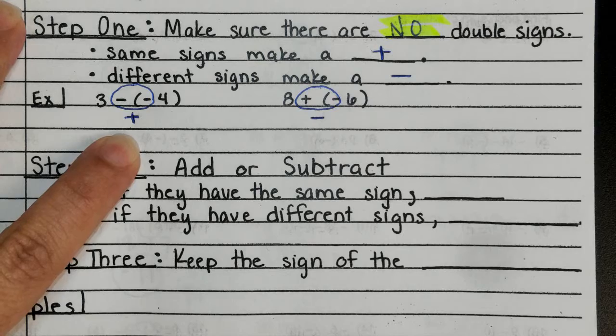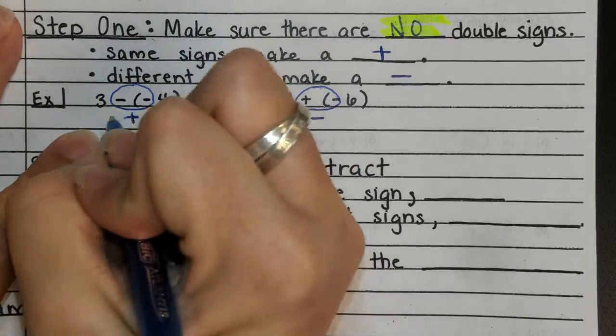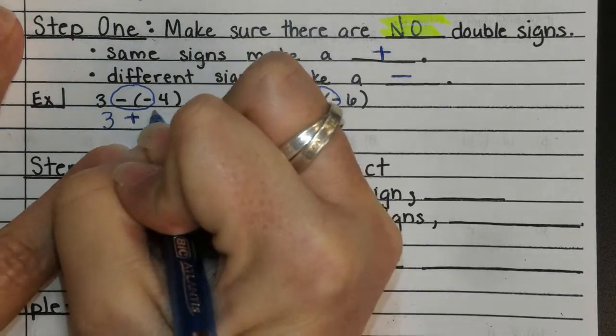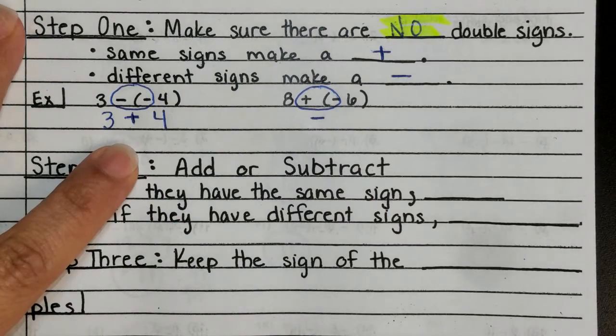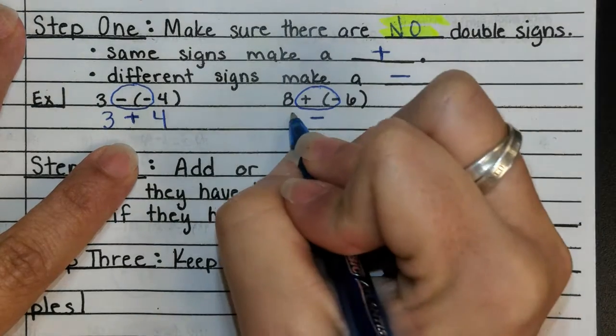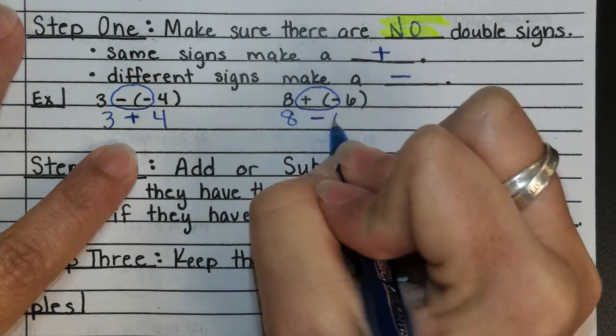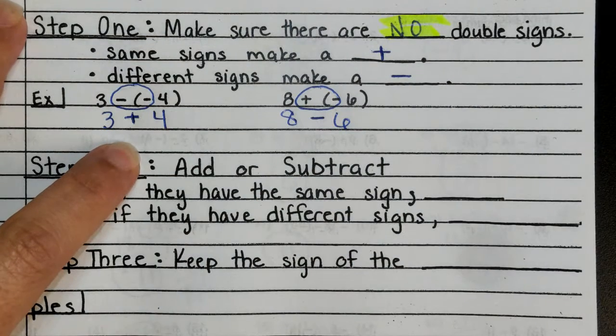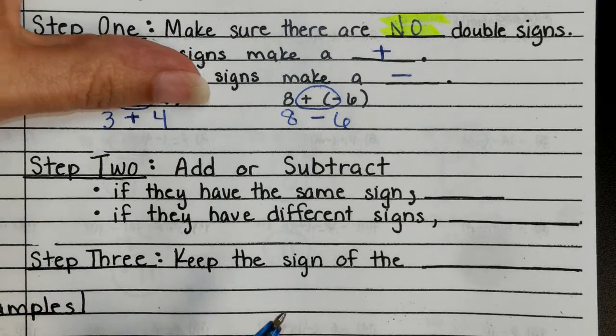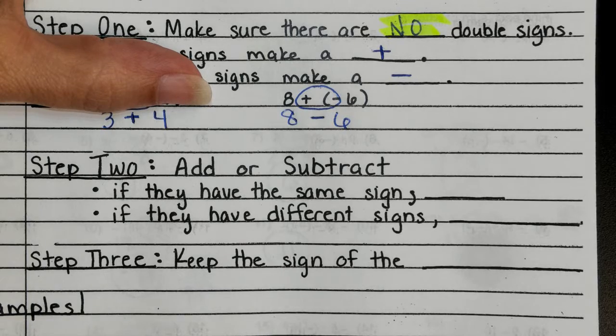Okay, now the next step is on these double ones. Bring down the numbers that you were given. So on this one, I was given a 3 and a 4. On this one, I was given an 8 and a 6. Now that you've rewritten it, just look at that problem. What is 3 plus 4? 7.